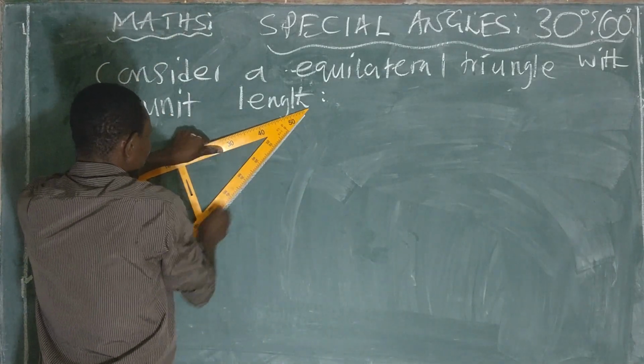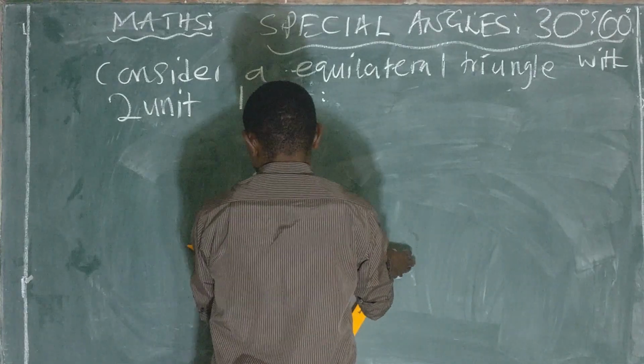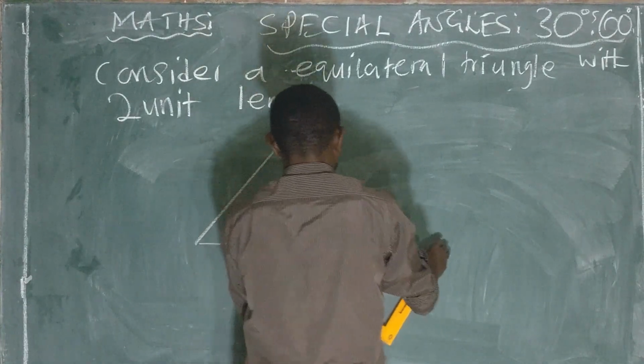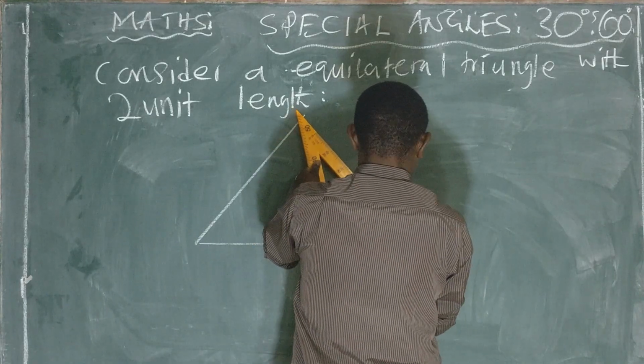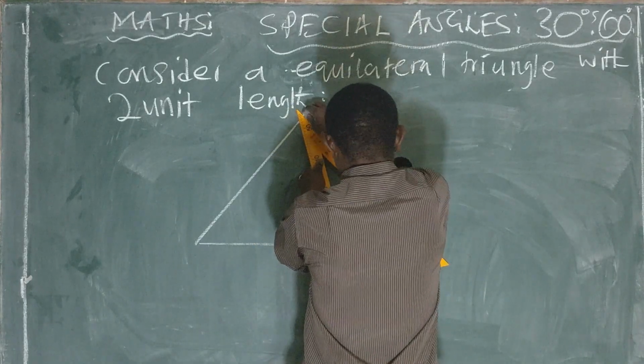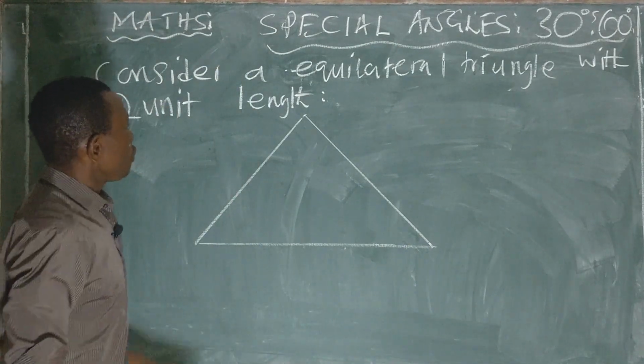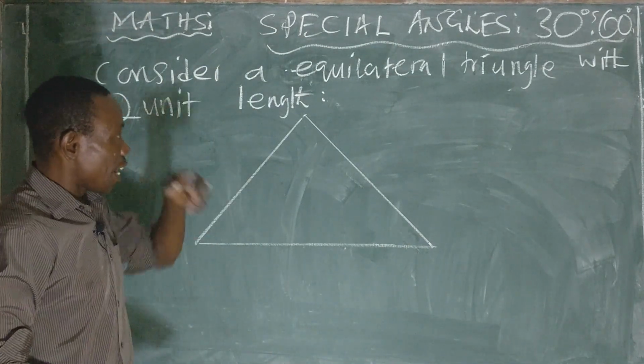We know an equilateral triangle is a triangle which has got all 3 sides equal in length. So here we are. Why have I chosen an equilateral triangle, not any other triangle?